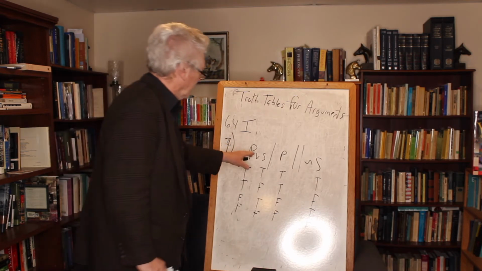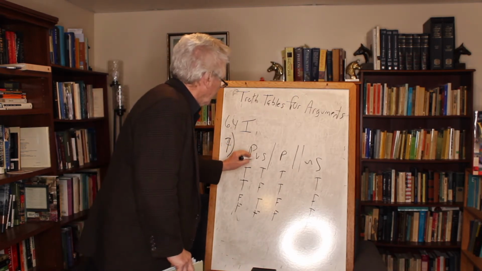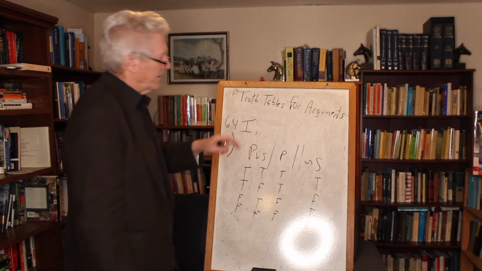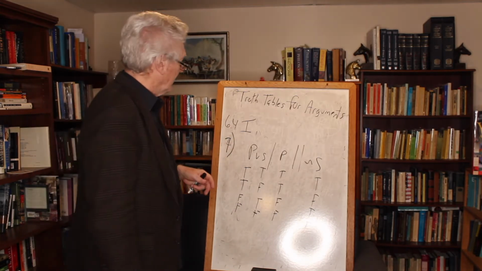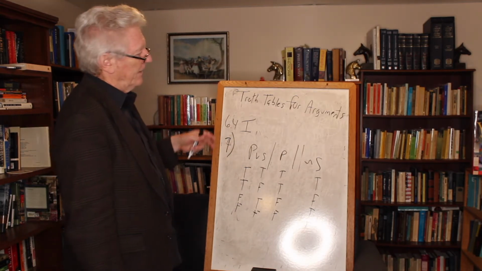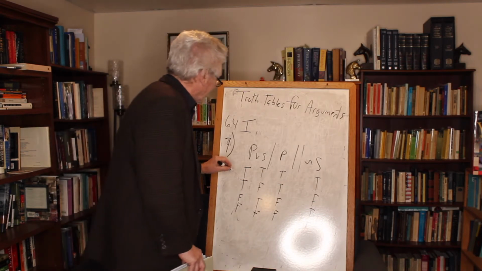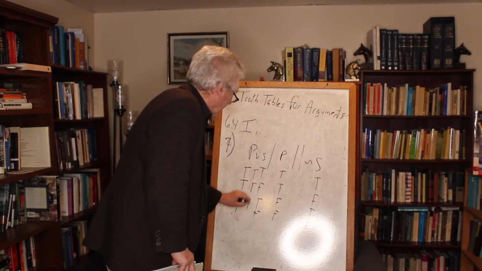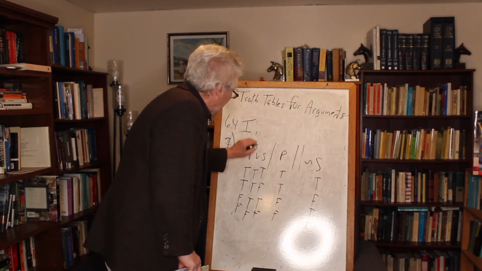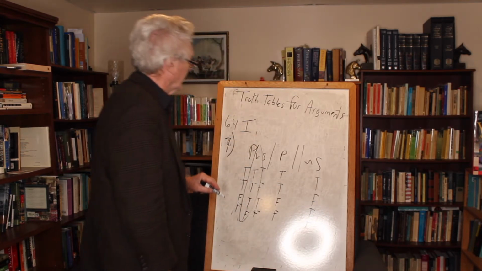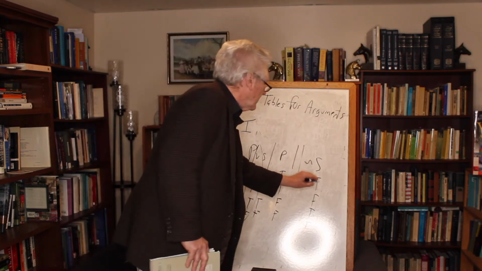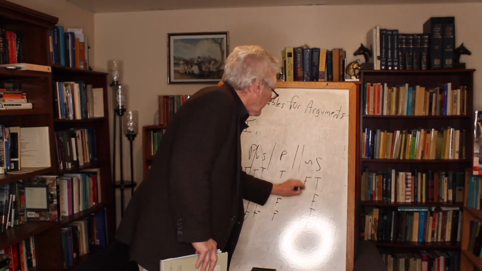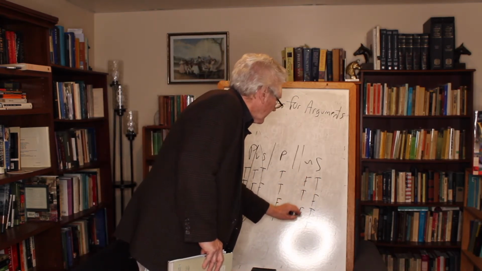I can get the main operator P or S. It's an OR, so the wedge indicates one or the other will be true. Maybe both, but even if just one is true, the whole disjunction is true. So true or true makes true, true or false makes true, false or true makes true, false or false makes false. Okay. And I can get not S. Not true is false, not false is true, not true is false, not false is true.